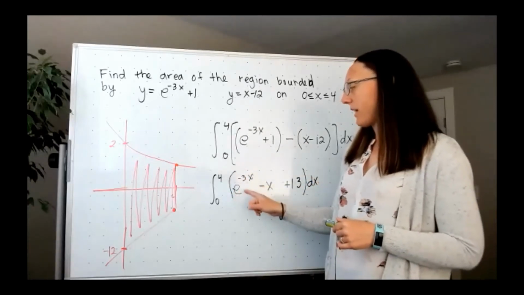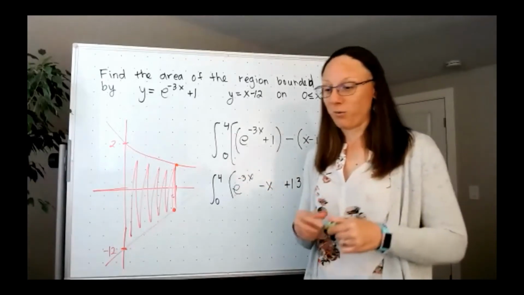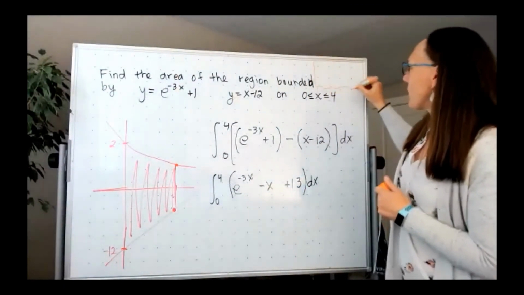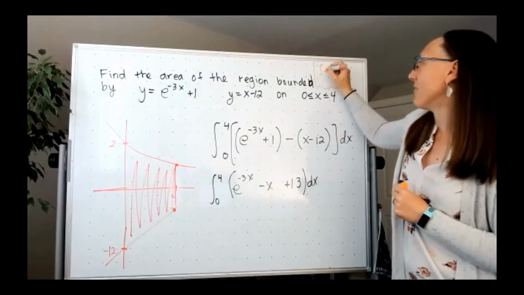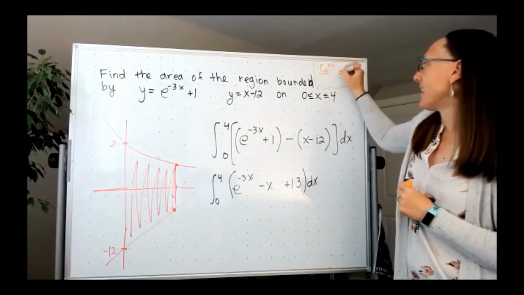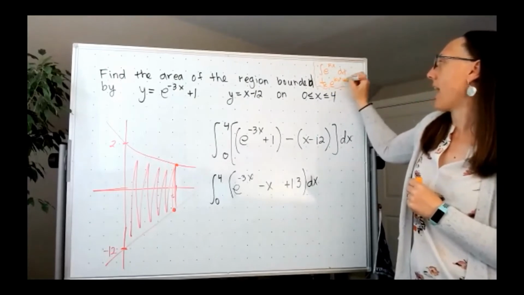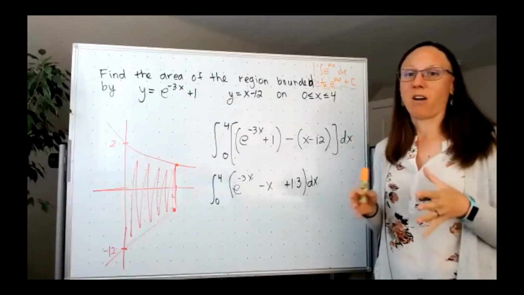Well, e to the negative 3x, this follows our rule that's showing up over and over again. And I'll maybe even squeeze it in the corner here, that if I take the integral of e to the kx dx, I get 1 over k e to the kx plus c. This shows up so often.